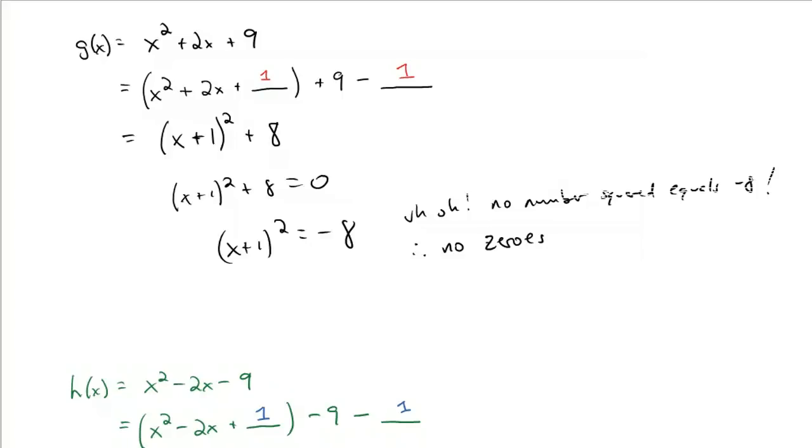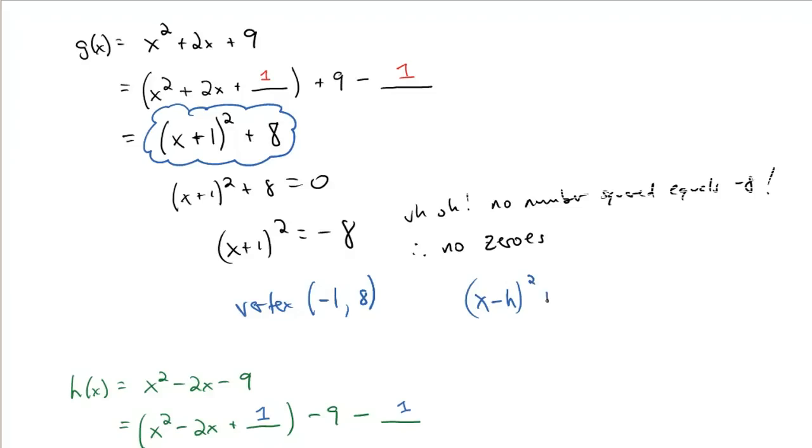We can locate that same form, which is right here, and we can conclude the vertex must be -1, 8. Okay, -1 because the form is, remember, x minus h squared plus k.